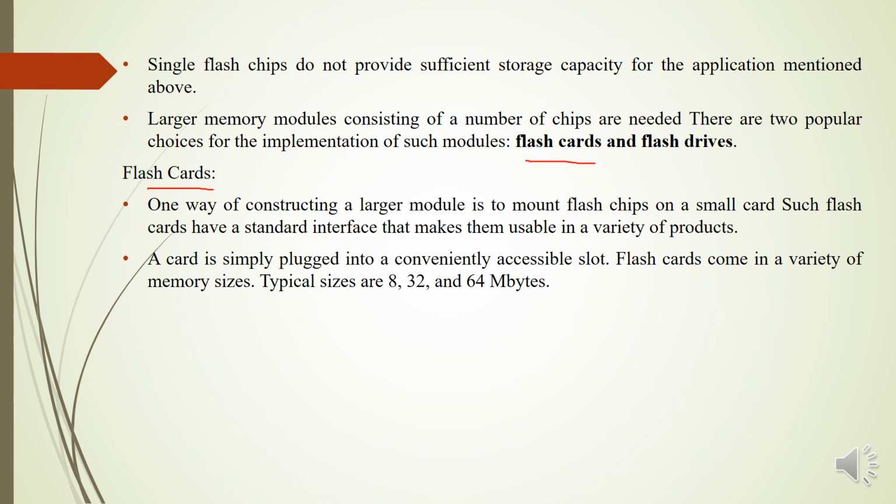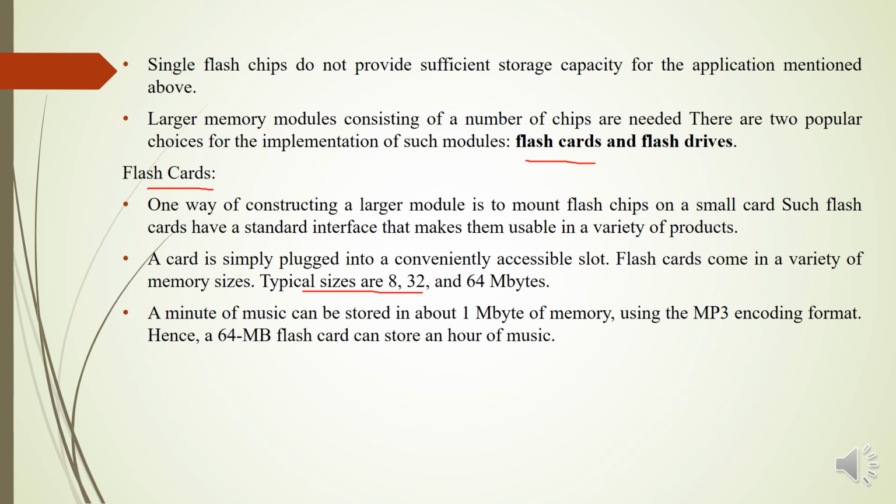Flash cards come in a variety of memory sizes, typically 8, 32, and 64 megabytes. A minute of music can be stored in about 1 megabyte of memory using the MP3 encoding format. Hence, a 64 megabyte flash card can store 1 hour of music.